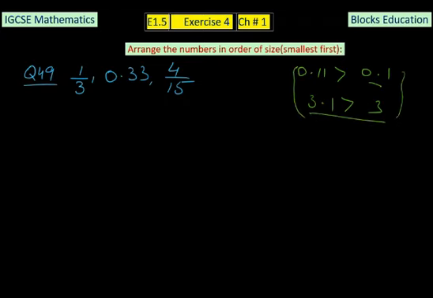Now come back to the question. It says 1 over 3, 0.33, and 4 over 15. We have to decide which is the smallest and which is the biggest, so that we can arrange them in order. So for 1 over 3, you can write 1 divided by 3 here. The next step is to put a decimal here, and we add 0 here. So 3 threes are 9, and 10 minus 9 is 1, the decimal is there, so you can add 0 to it.